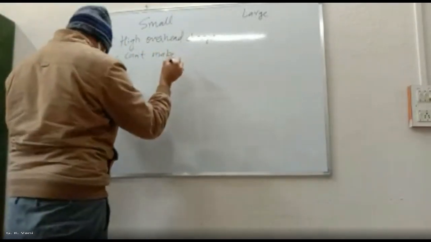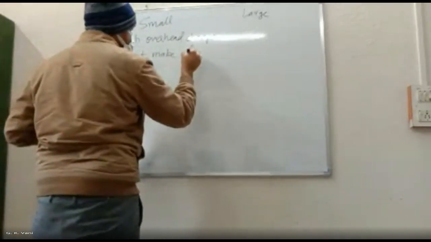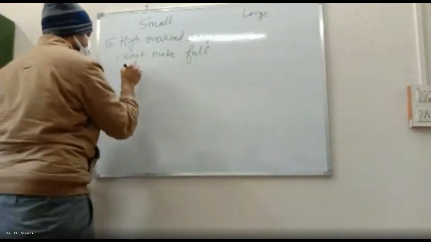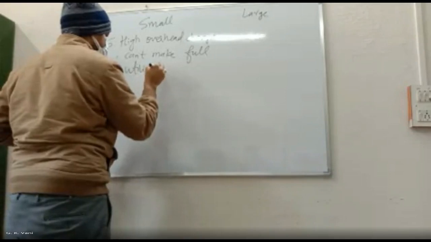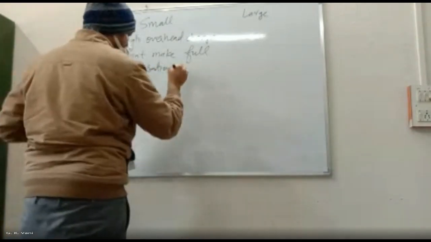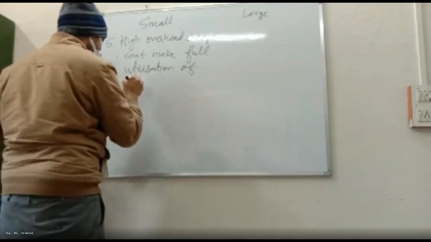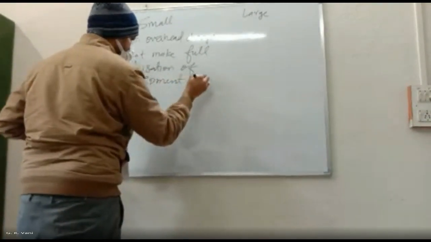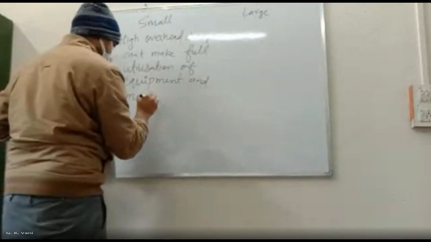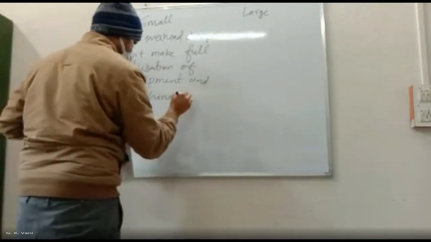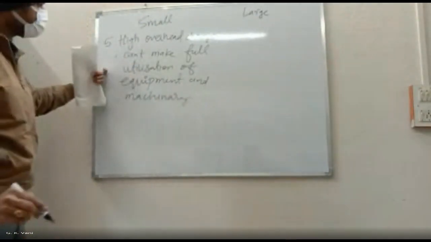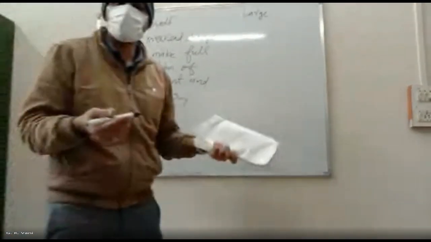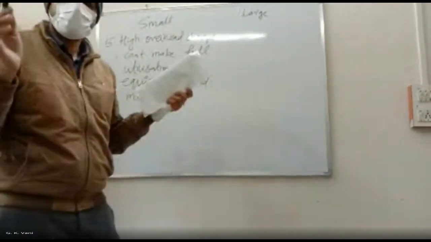They can't make full utilization of equipment and machinery. Why can't they make full utilization? Because their farm is so small.